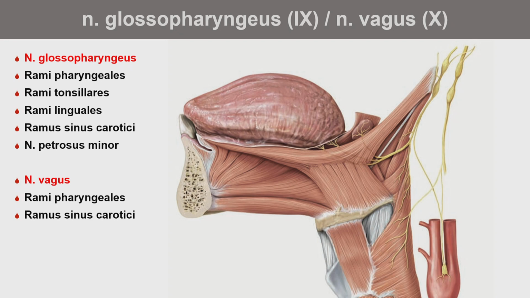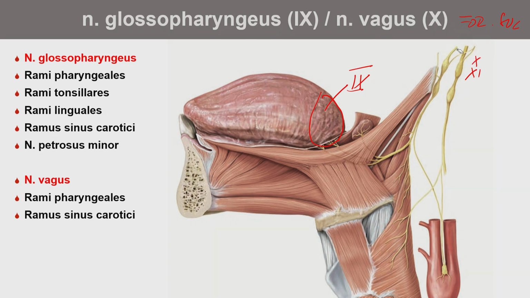Taste is from the base of the tongue. So this is the 9th nerve. So the glossopharyngeus nerve is a nerve which is going through the foramen jugulare with the 10th nerve and 11th nerve.